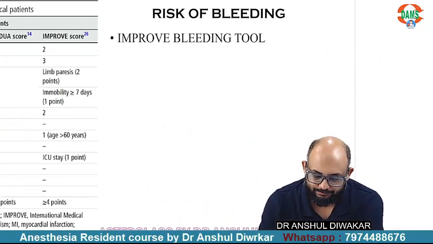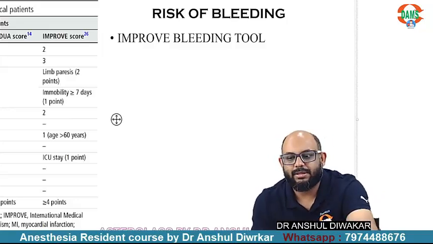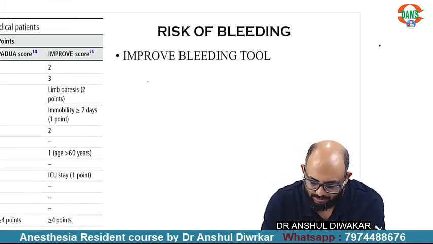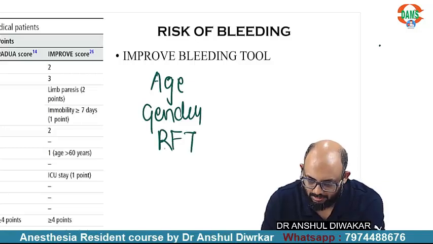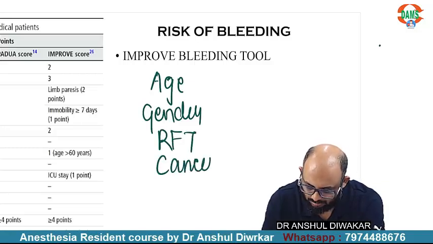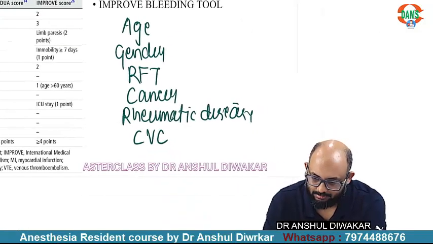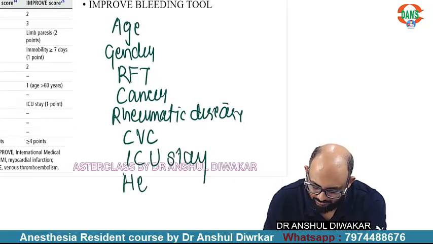Improve bleeding tool is when you use certain criteria like age, gender, renal function test, cancer, rheumatic disease, central venous catheter, ICU stay, hepatic failure.